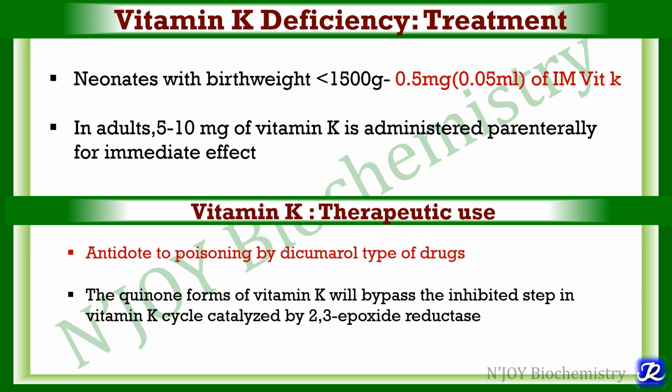So if this step is bypassed, then we can get the reduced form, that is the hydroquinone form of vitamin K, which acts as a coenzyme in the vitamin K cycle, which is required for the activation of clotting factors.